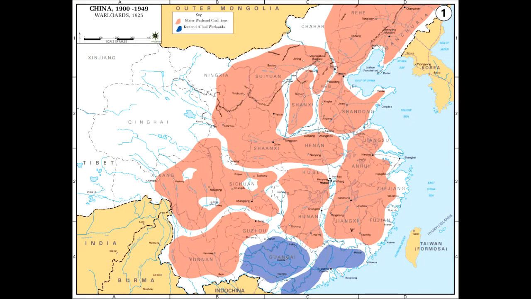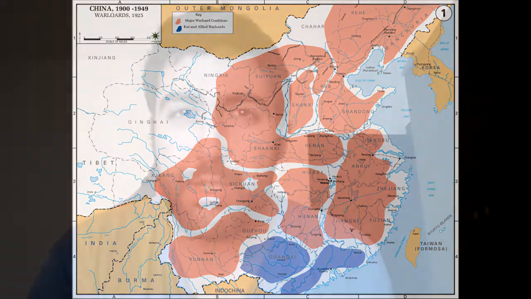So, now China is ruled over by a series of warlords, each one ruling in a different territory. Sun Yat-sen returns to China in 1917, and he tries to set up his own republic, but he doesn't really have any support. Now, Sun Yat-sen gets the idea that he can appeal to foreign powers.